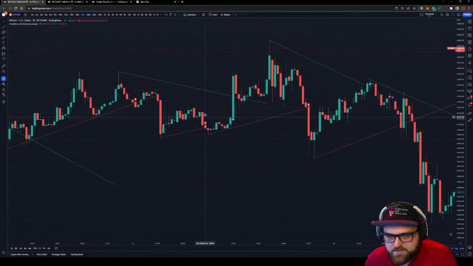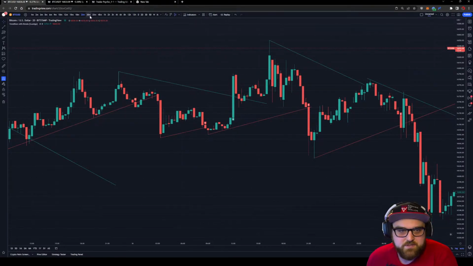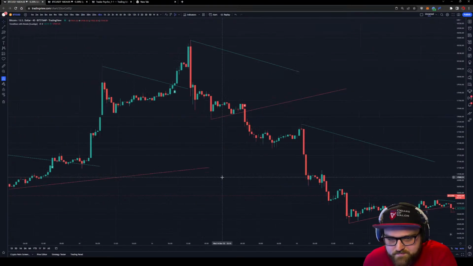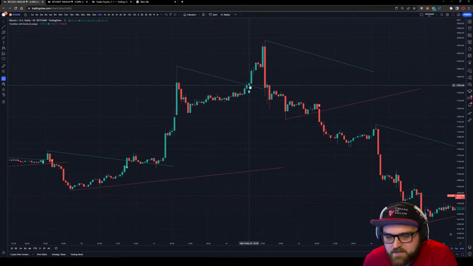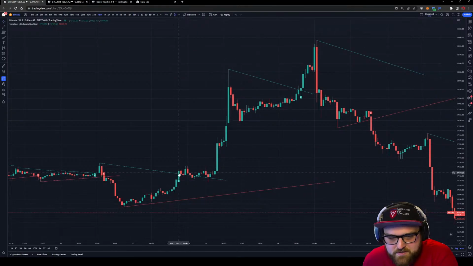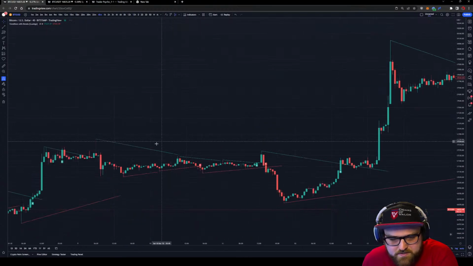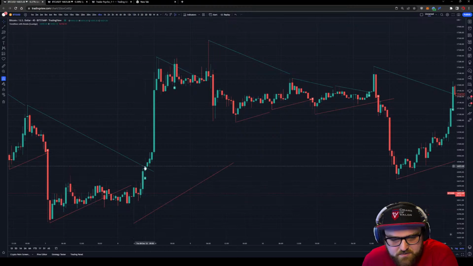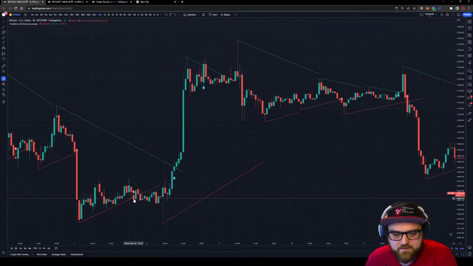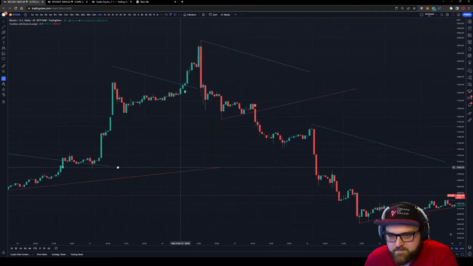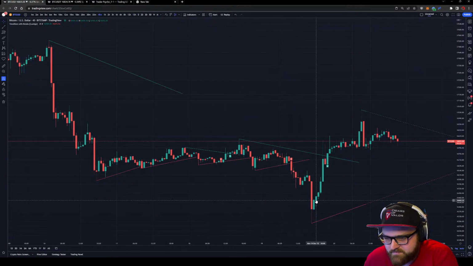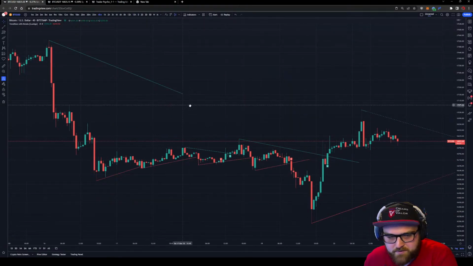More of a NASDAQ futures is what these are mostly proficient on. 45-minute looks a little better. We had the breaks there, and we had good breaks. These have been good trades. So I would count on the 45-minute on Bitcoin currently. I would rely on the 45-minute over any of them.